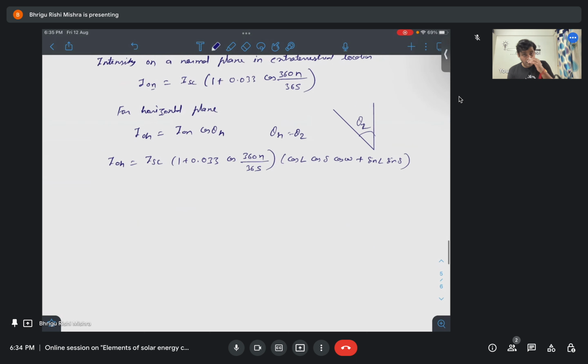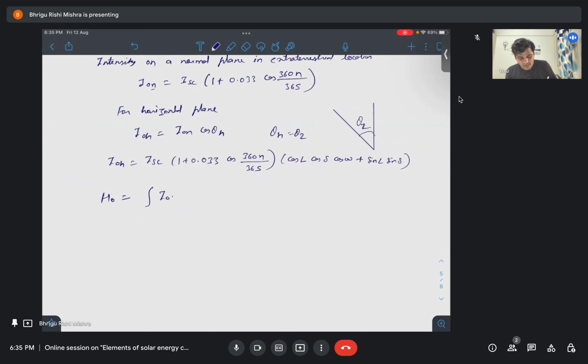Now this is the hourly value, we need to calculate the daily value. So the daily value will be integrated from sunrise hour to sunset hour, or we can say the total sunshine hour.